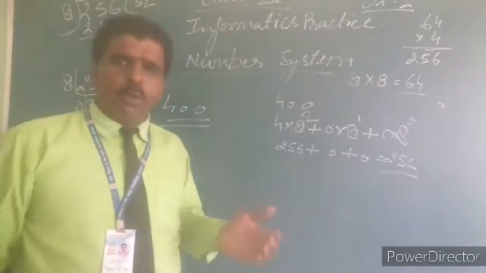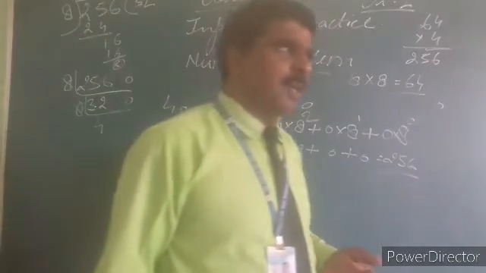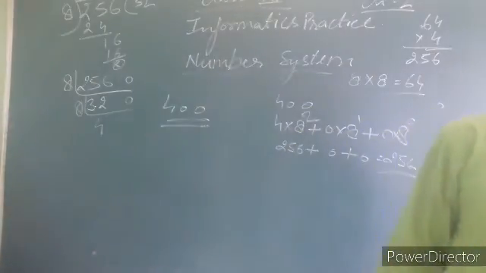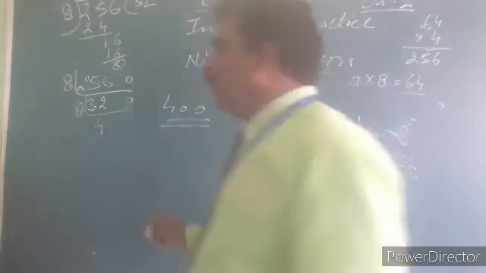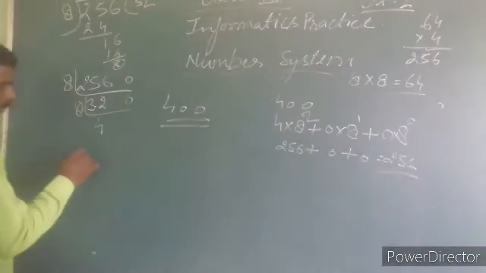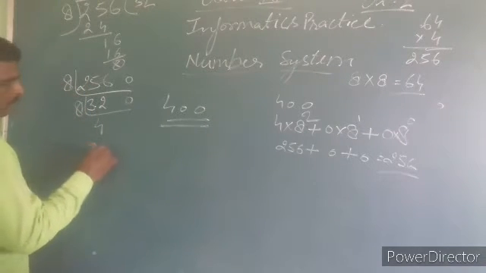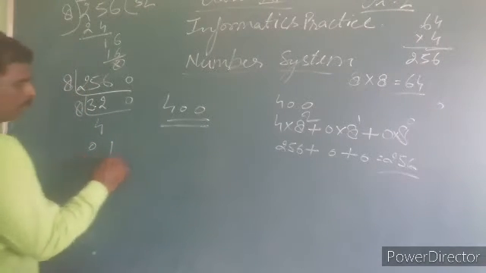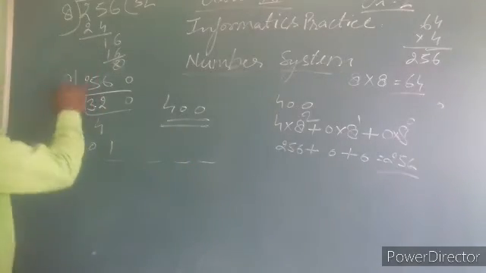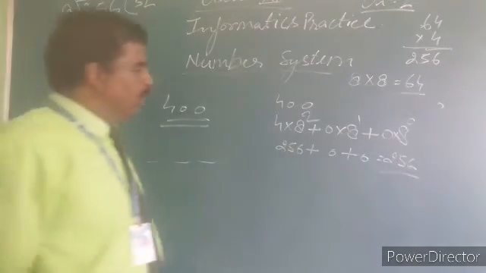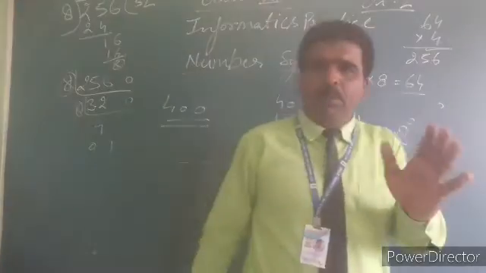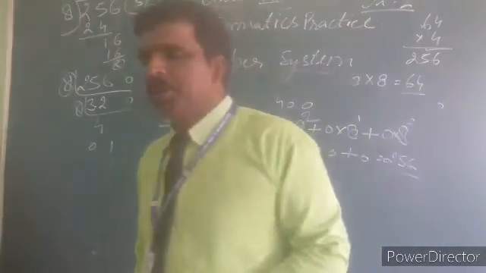Actually, there is one more number system, that is hexa. As you know, binary numbers will be written in the form of 0 and 1s, and octal numbers we can write up to 8 digits, but hexa numbers will be written up to 16 digits.